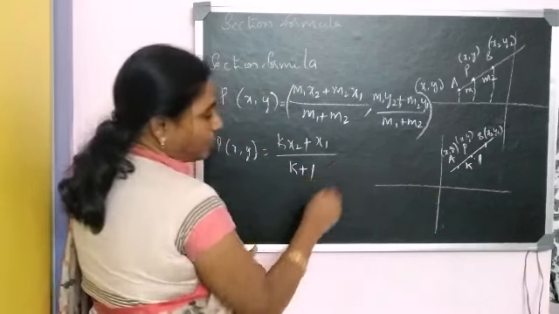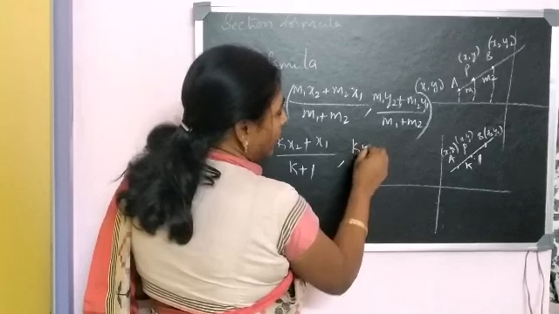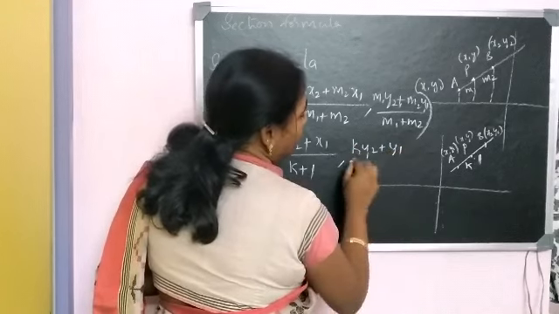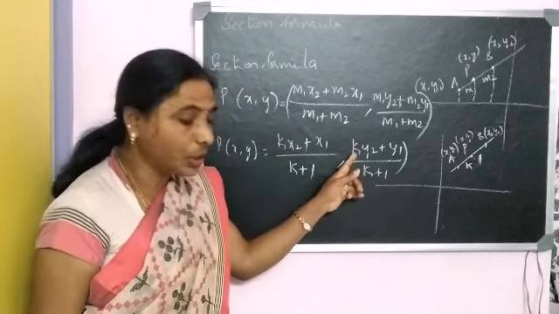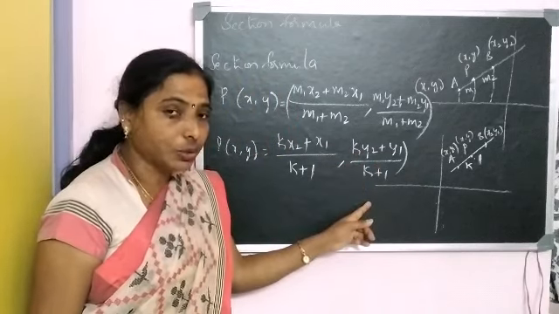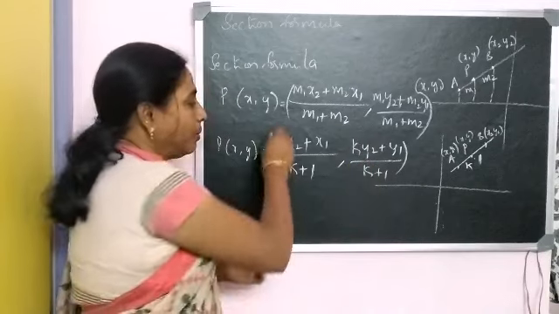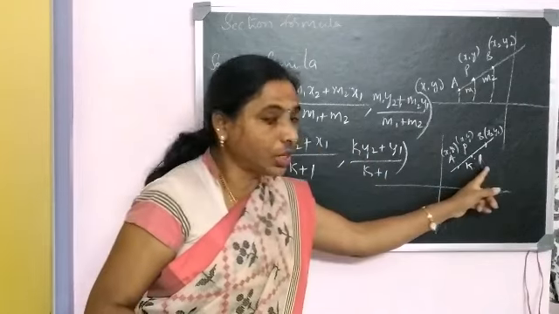So this is the first one. Similarly, k y2 plus y1 divided by k plus 1. That means I have substituted for m1 and m2, and this is what we get whenever it is in the ratio k is to 1.